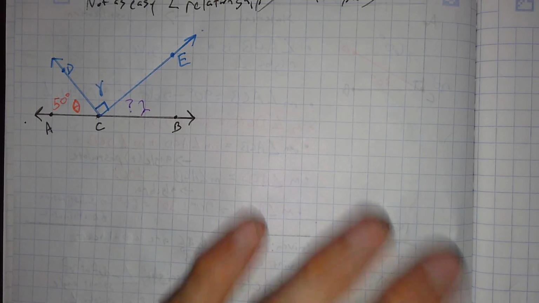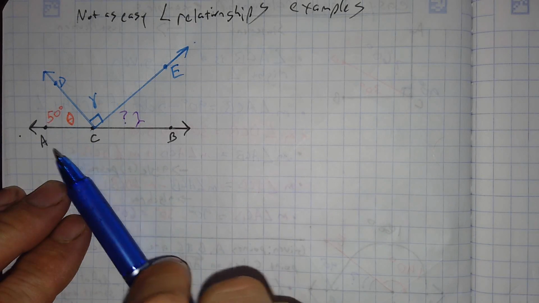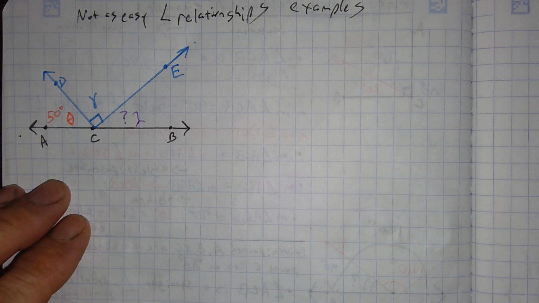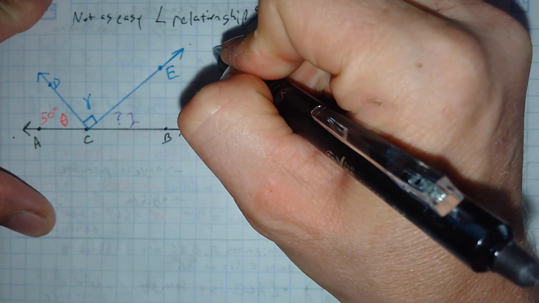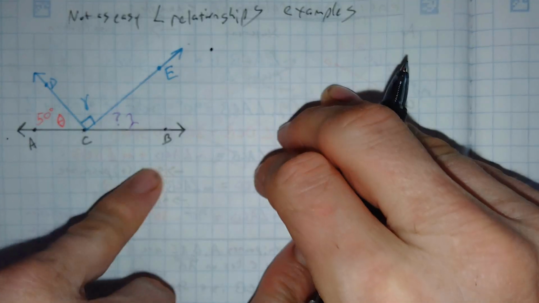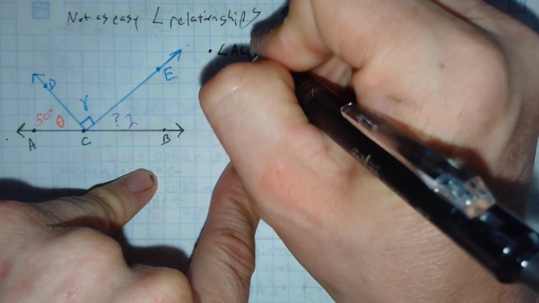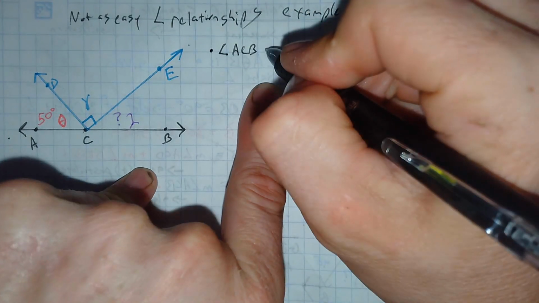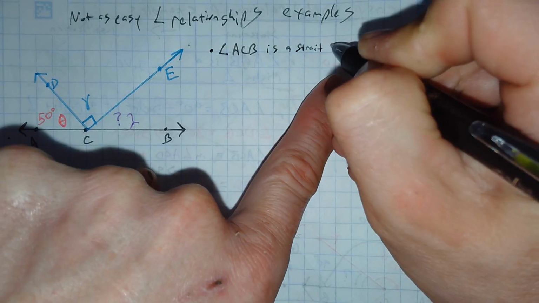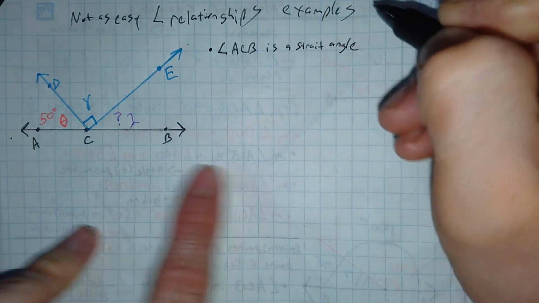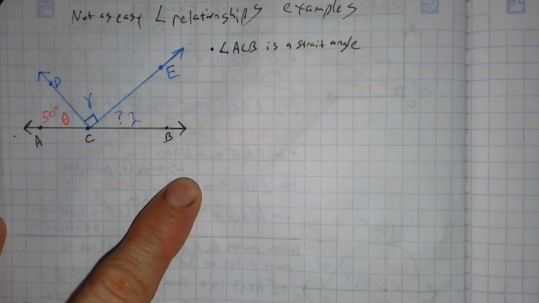Right? So let's go ahead and make some given statements out here. The first given statement that I can make from this drawing is that angle ACB is a straight angle, because it's obvious that the angle at C lies on line AB.